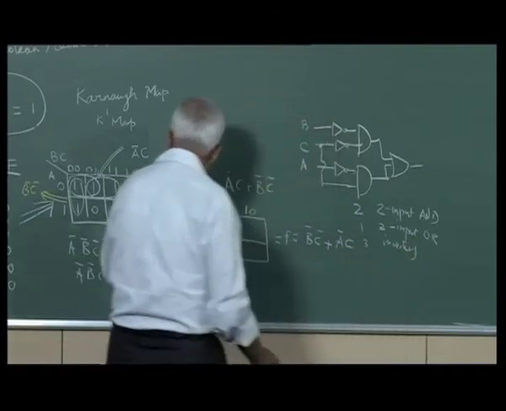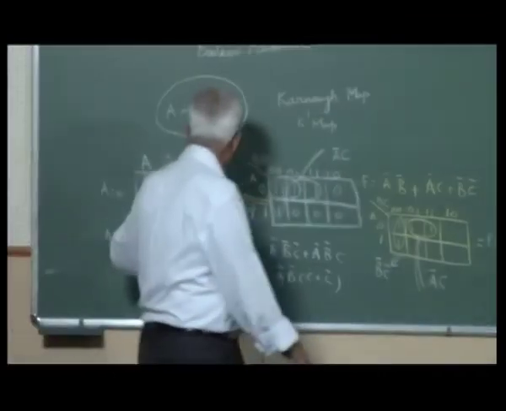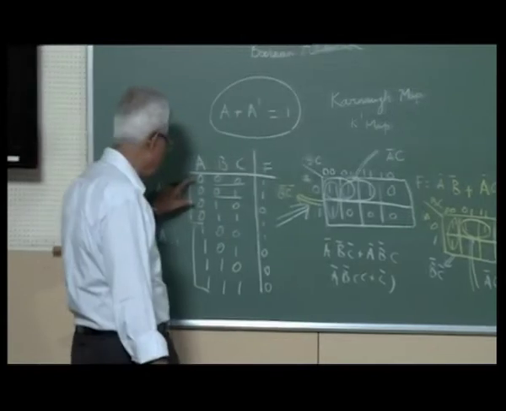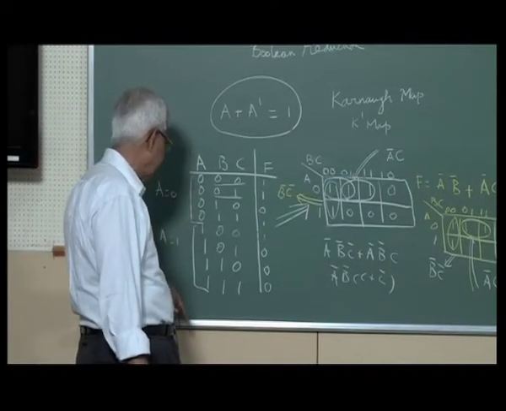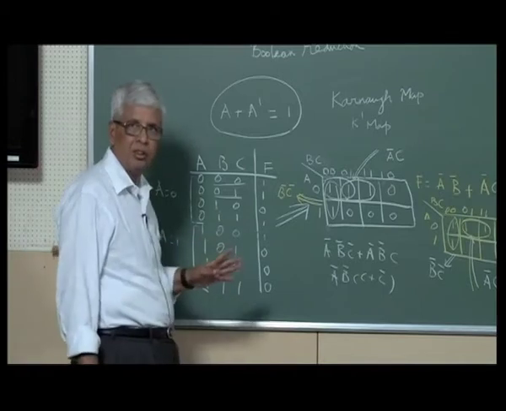If I did not do the simplification, I would have used four 3-input AND gates, one 4-input OR gate and three inverters.